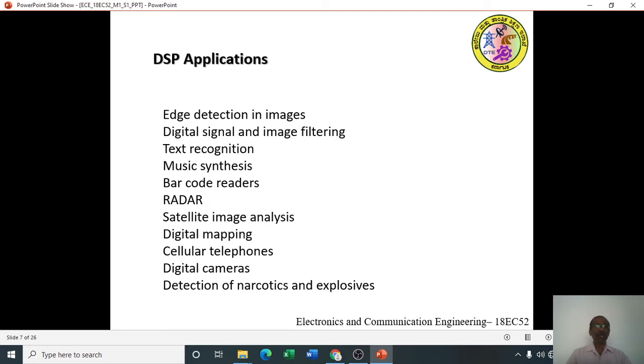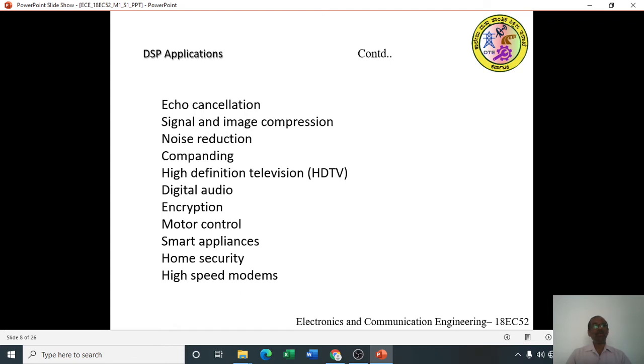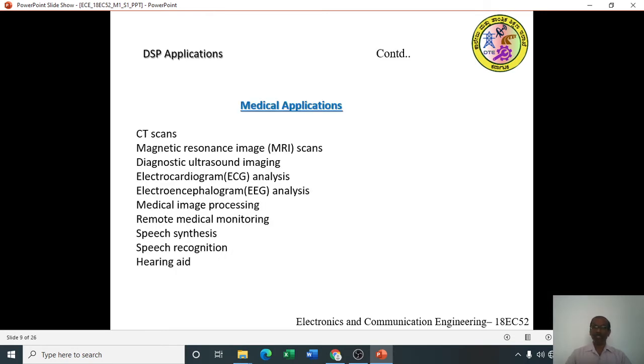We have digital cameras, we have echo cancellations. You can compress the data in digital domain. You can encrypt the data. You can use it for security purposes. And a very important application is medical applications, like you can process your CT scans, MRIs, ECG, EEG, speech.